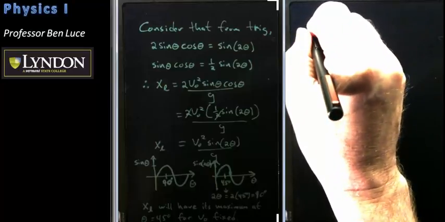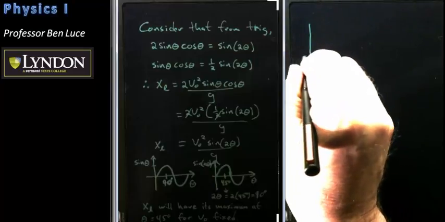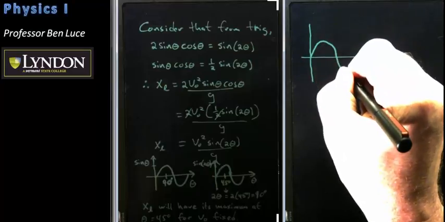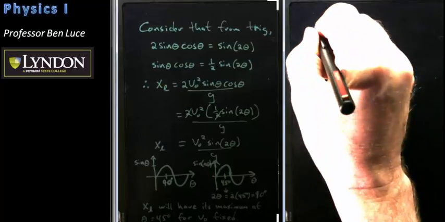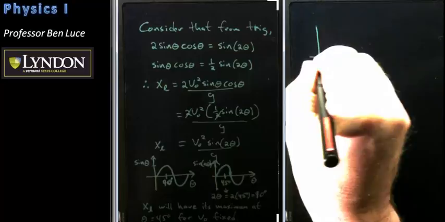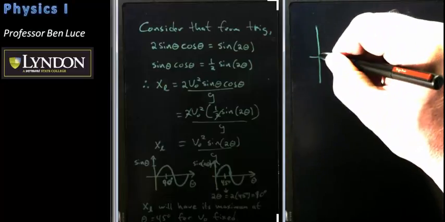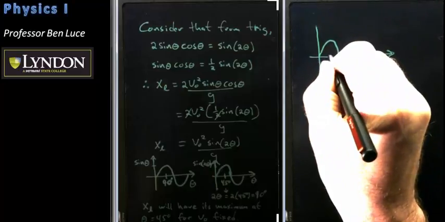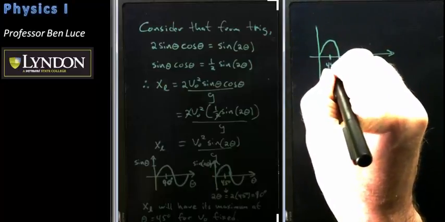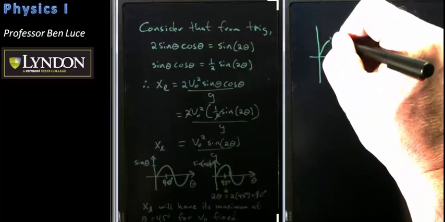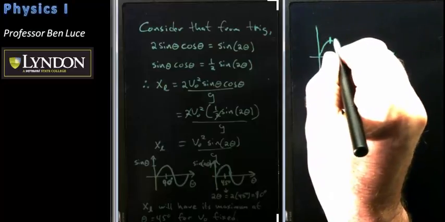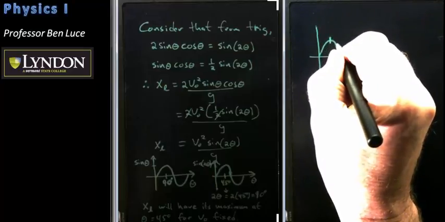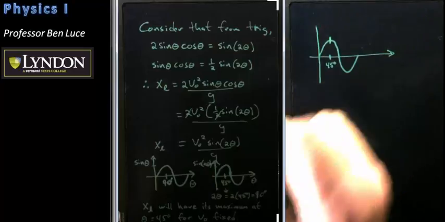We can also look at this graph a little bit more carefully and see something else. Let me redraw that. The sine function is symmetrical about this point. So if we move a few degrees to the right, we'll come down the same amount as if we move a few degrees to the left.